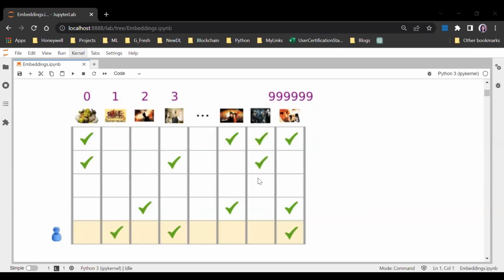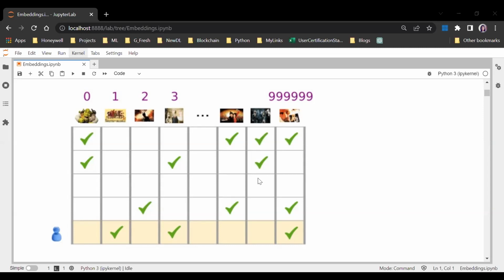The last row corresponds to a sparse vector 1, 3, and 6 times 9, using the vocabulary indices shown in the movie icons above. We assign a unique ID to each of these movies, and based on that, we define a sparse vector that represents the movies a particular user has watched.